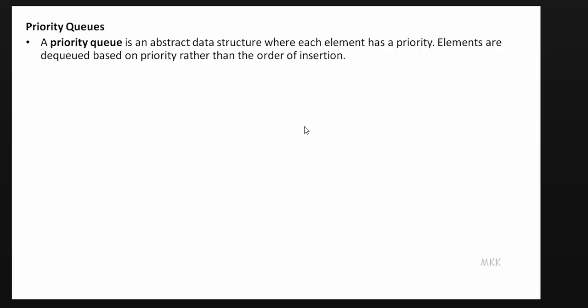If scheduling is happening depending on priority, the prioritized element will be executed first. For example, for a processor, if two processes or two threads are asking for execution, the processor will execute the thread or instruction depending upon its priority.